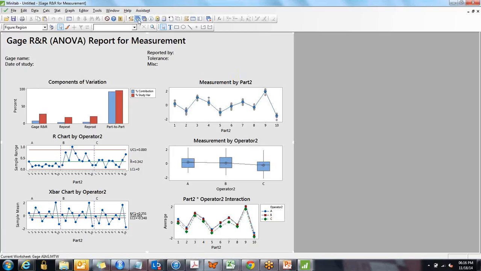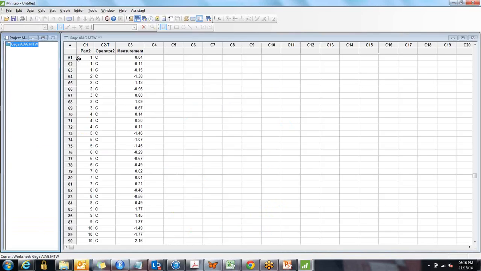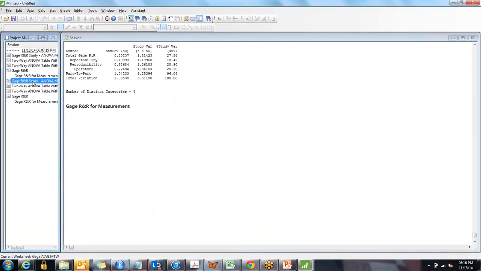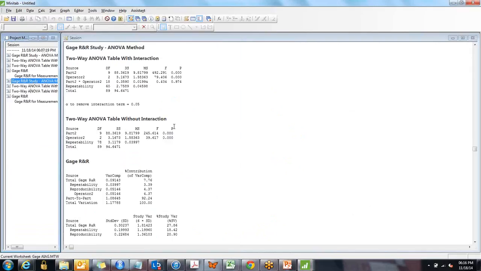Now let us also analyze the same thing, not just diagrammatically, but also theoretically. Part to operator p-value, is it greater than 0.05? Since it is with interaction, I'm looking into only ANOVA two-way with interaction. Is it greater than 0.05? Yes.